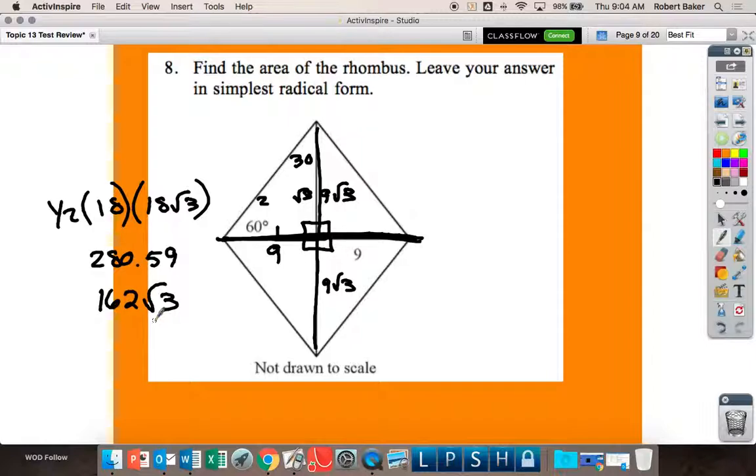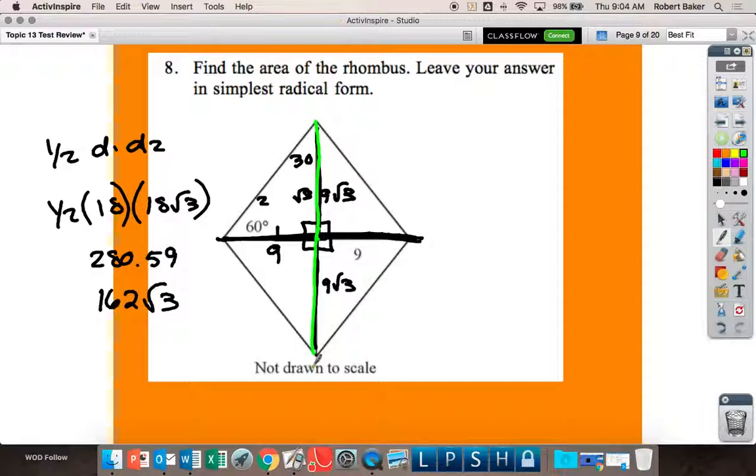Correct. So the 2 next to it, that's 18. Yeah, so when you add 9 tacos plus 9 tacos, you get 18 tacos.